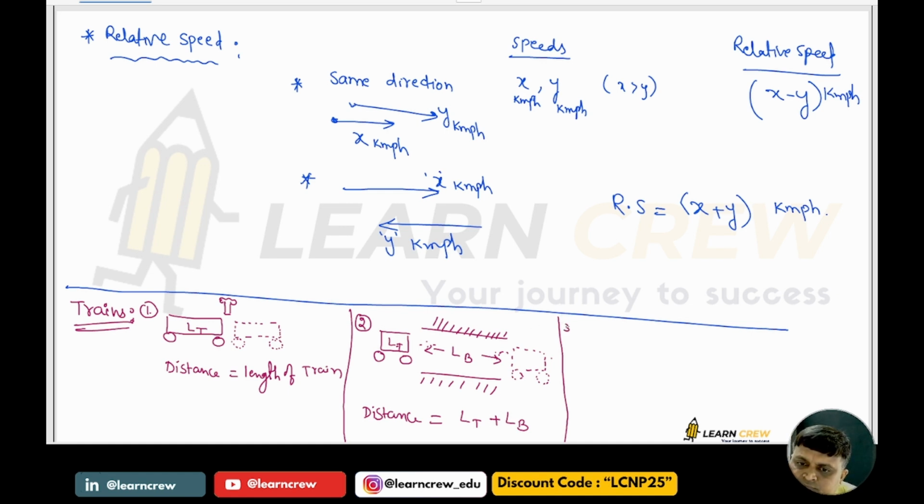Next, a train of length L1 is passing another train of length L2, whether they are moving in the same direction or in the opposite direction.